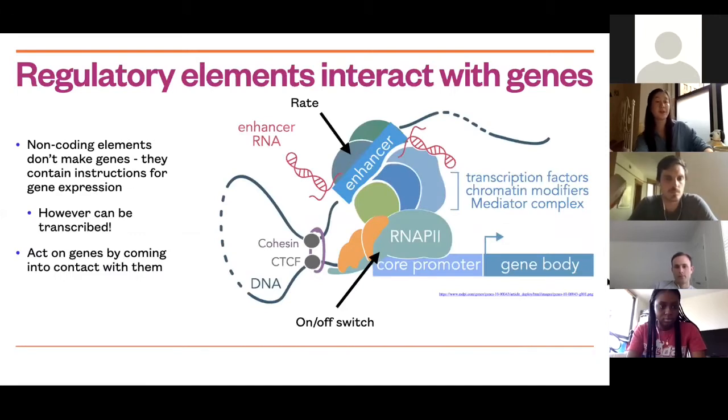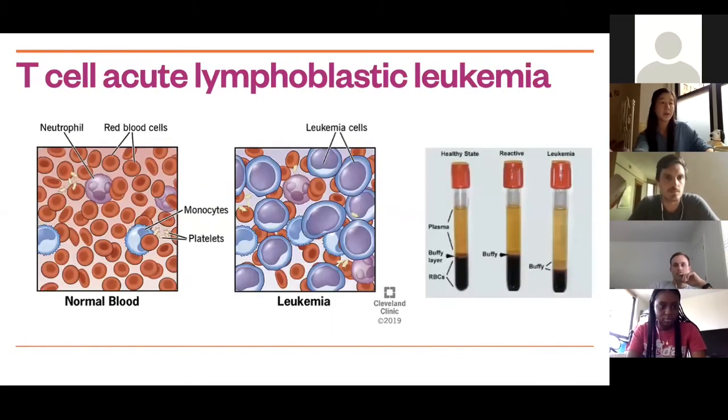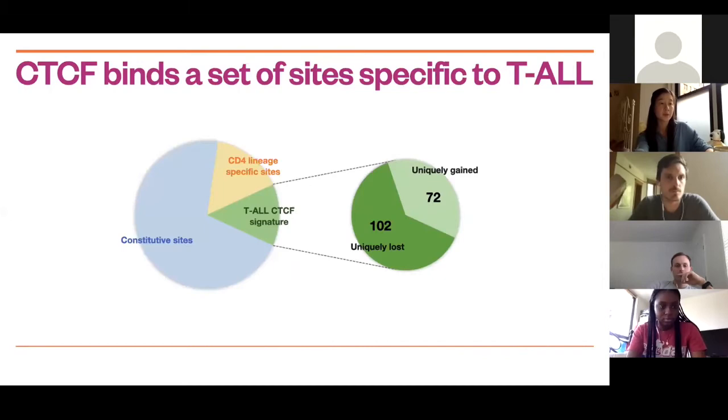Okay, so we talked about how enhancers can only act on genes if they're in physical proximity. A way for them to be in physical proximity with their target is if they're within a loop, right? And that's kind of modeled here.